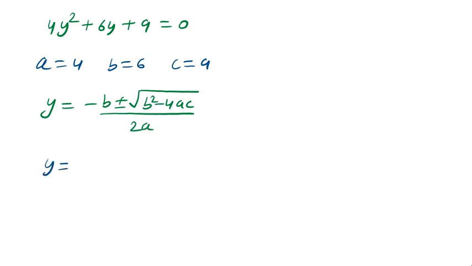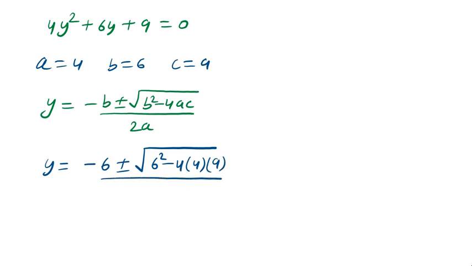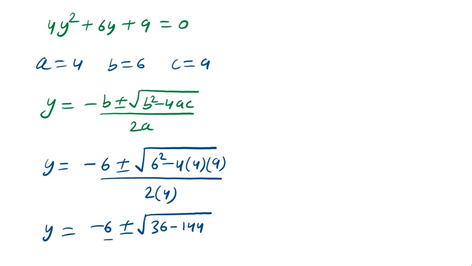Then y is equal to minus the value of b, which is 6, plus minus square root of b replaced by 6 square minus 4 times the value of a, which is 4, and the value of c, which is 9, and divided by 2 times the value of a, which is 4. Then y is equal to minus 6 plus minus square root of 6 square is 36 minus 4 times 4 is 16, 16 times 9 is 144, over 2 times 4 is 8.